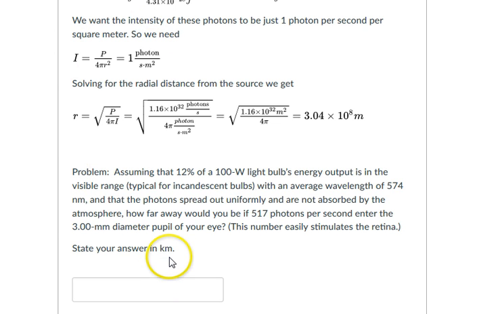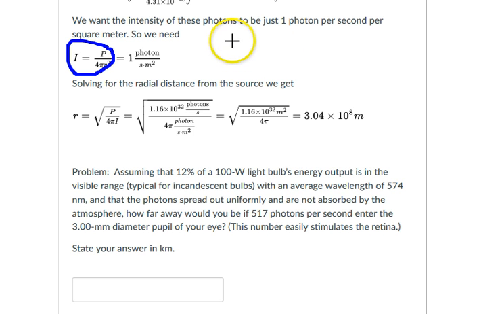Now you're asking, where do we get everything else? Well, what are we told? We have a power entering the eye of 517 photons per second. We have an intensity, which is power over 4 pi r squared.